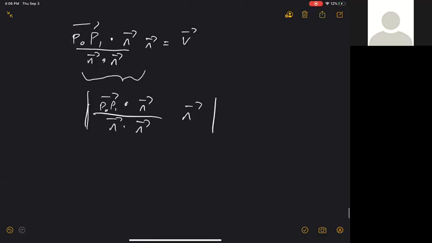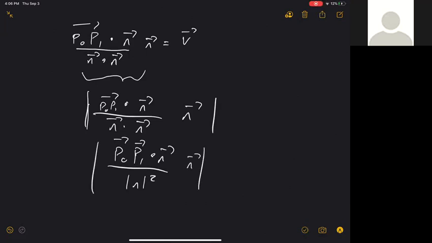Remember, n dot n, this denominator, is the same thing as the magnitude of n squared.